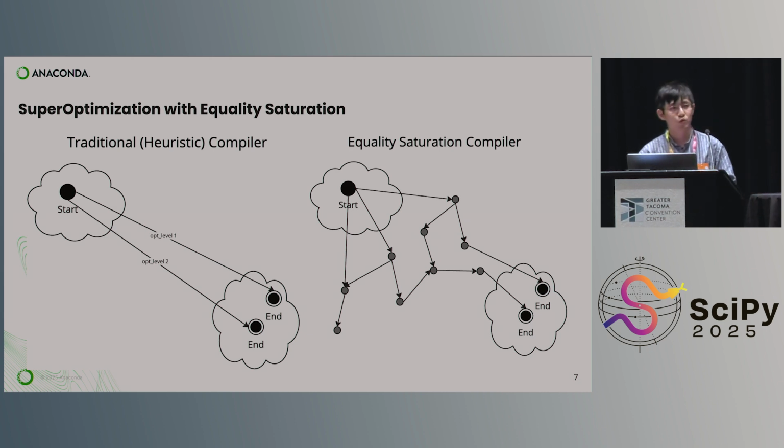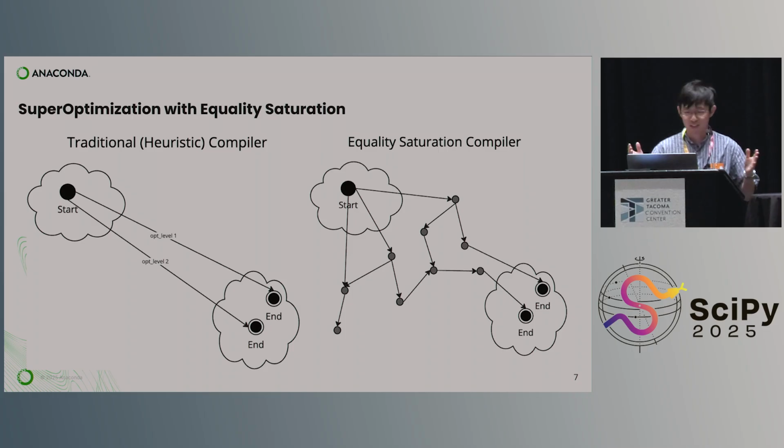The way we achieve super optimization is with a technique called equality saturation. This has been very popular in compiler and programming language theory. Traditional compilers are heuristic-based. If you have GCC, Clang, LLVM, they have pre-canned passes, O1, O2, O3.